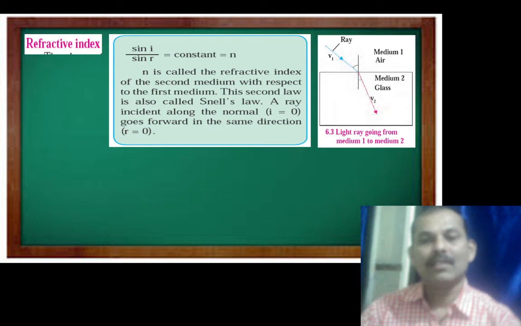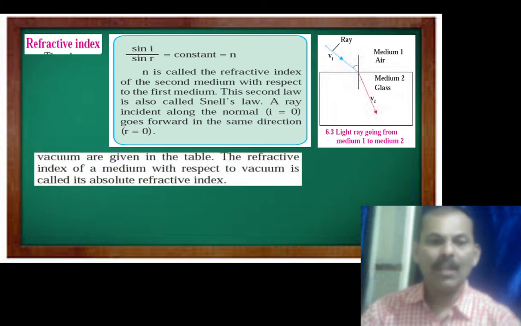You see this light ray going from medium 1 to medium 2, means from air to glass slab. Refractive indices of different media are given in the table, shown in your textbooks. The refractive index of a medium with respect to vacuum is called its absolute refractive index.